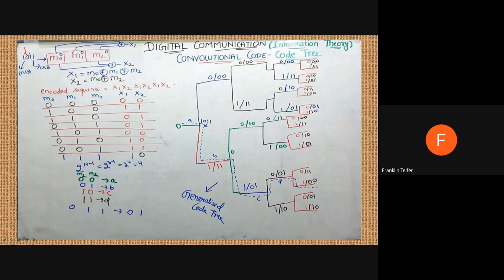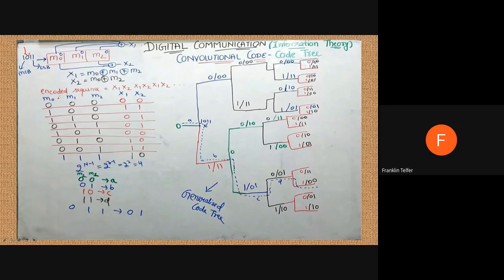Initially it will be 000, and the LSB of the first bit is given to M0, M0 will be shifted to M1, M1 will be shifted to M2. In such a way it is modulo added, and two bits have been received, X1 and X2. So the encoded sequence can be taken in terms of X1 X2 as a combination.